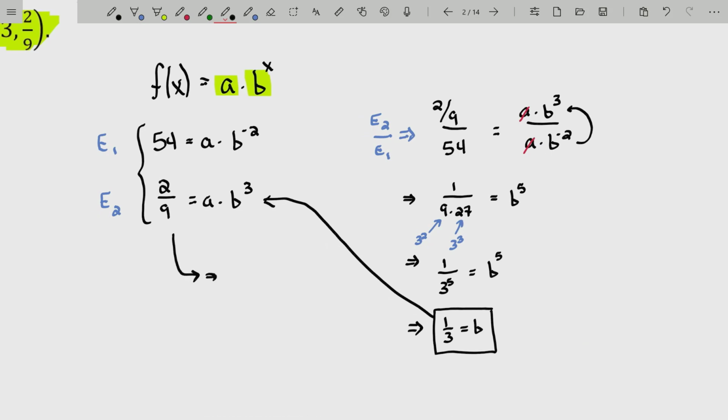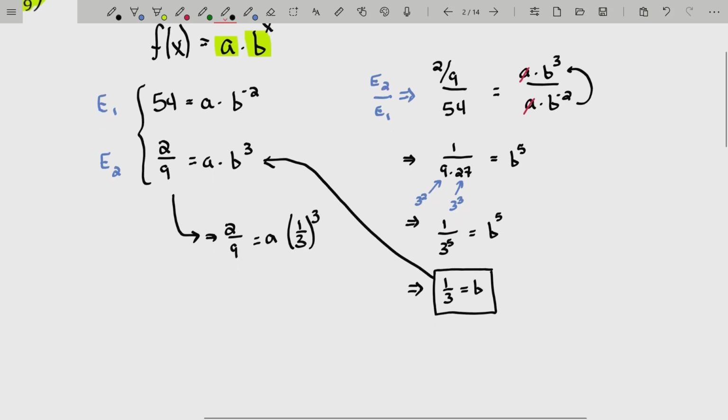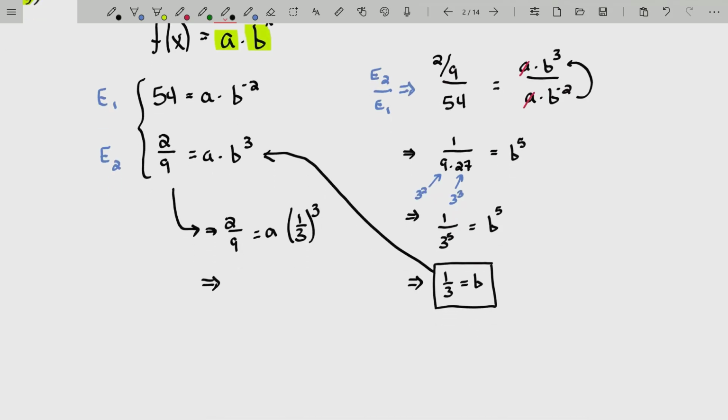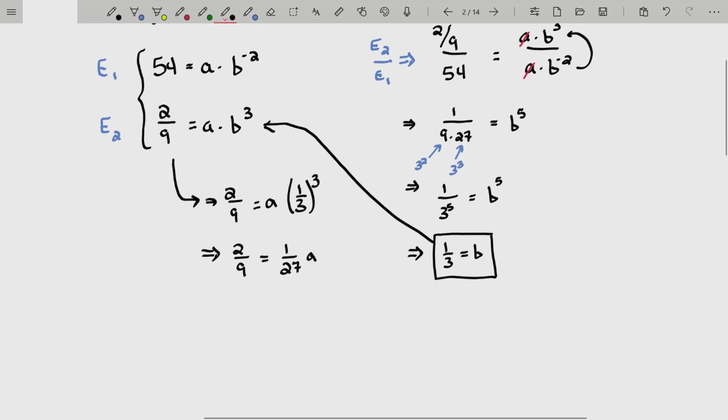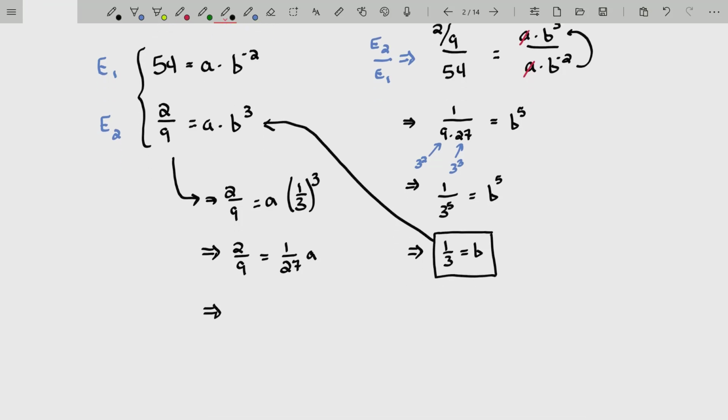Doing that, we get the following. 2/9 is equal to a times b to the third. b is 1/3, and we're going to raise it to the third. Well, that just implies we're dealing with 2/9 equals a times 1/27. Multiply both sides by 27, and you will get 2/3 is equal to a.